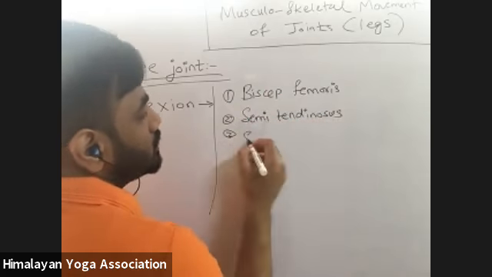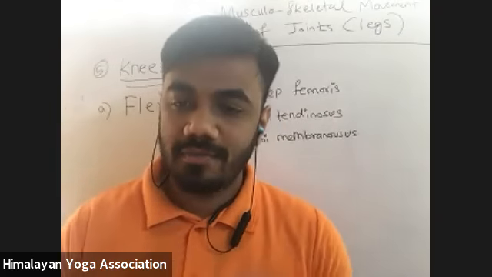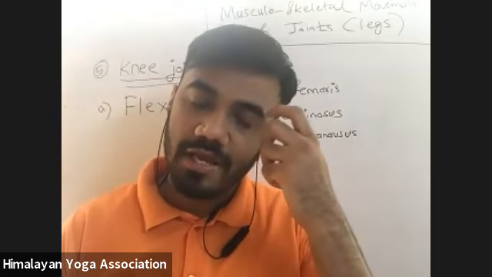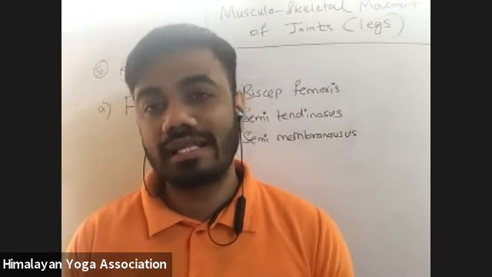And where does this originate? The hamstring muscle originates from the pelvis. On the hip, we have the pelvic bone, and it ends in our tibia.